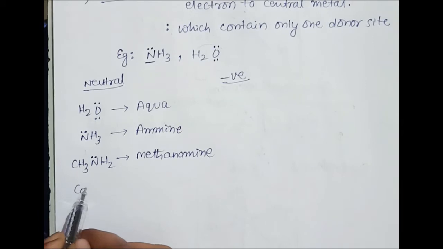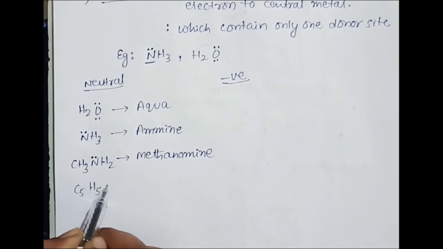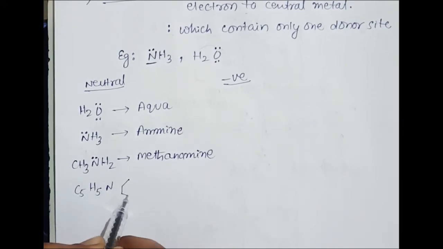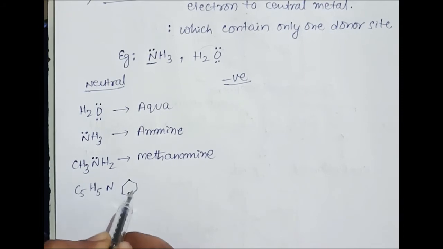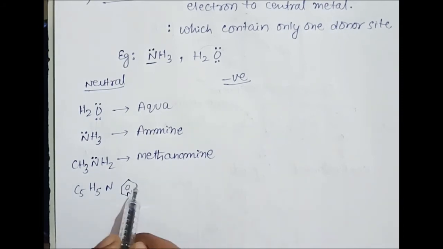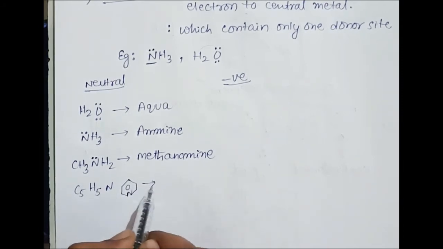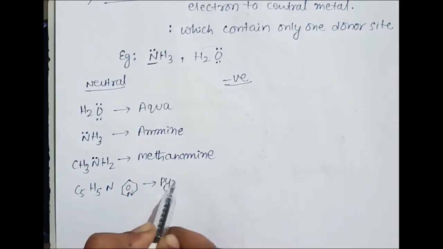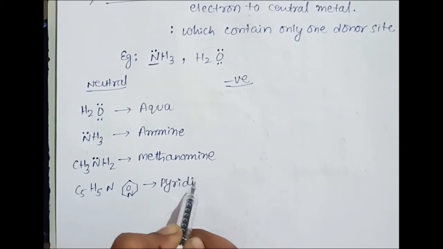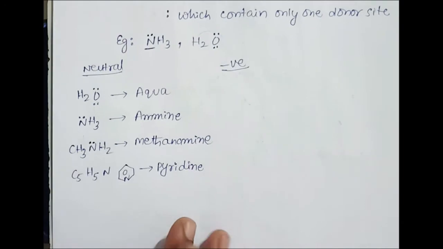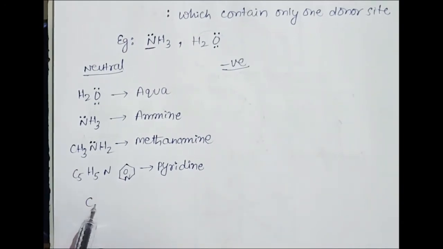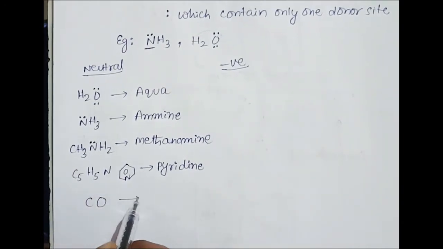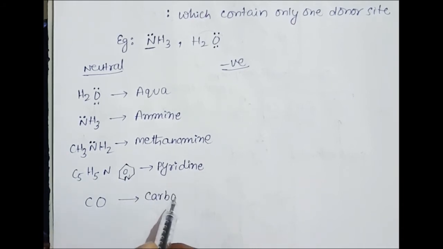Another example, C5H5N, that is the structure like this. It is a benzene ring with an N, that is called pyridine. Next, CO, carbon monoxide we call, and in IUPAC nomenclature, we use the word carbonyl.